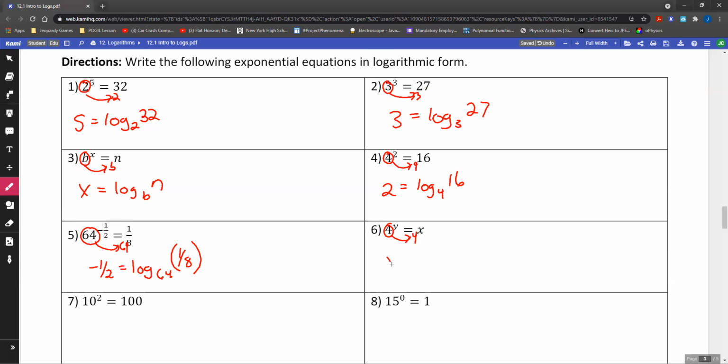While I go through these, I just want to quickly mention, when you're using a calculator, if you see something like this, log without a specified base, the base is actually supposed to be 10. So if they don't tell you what the base is, it's assumed to be base 10.